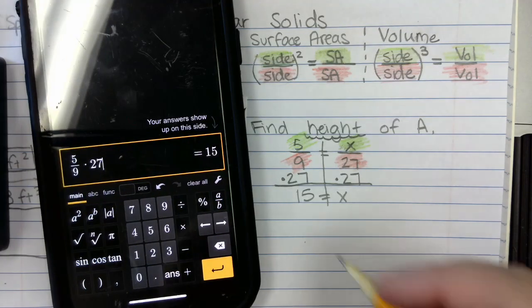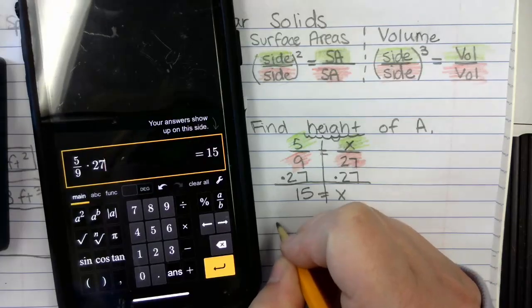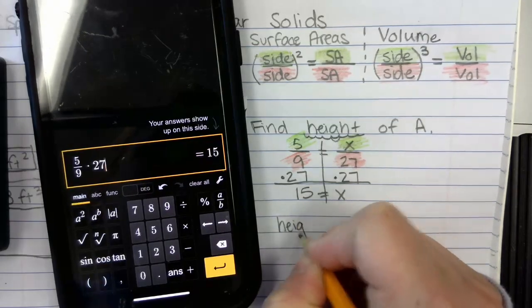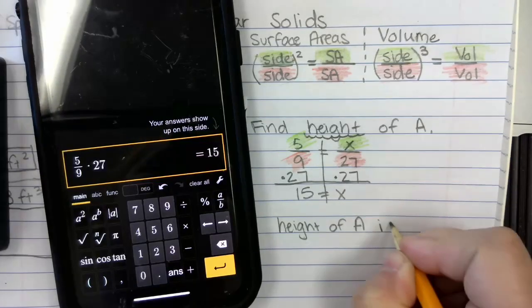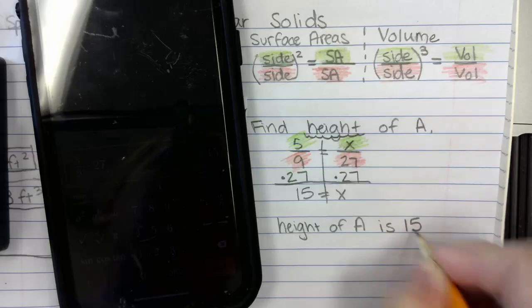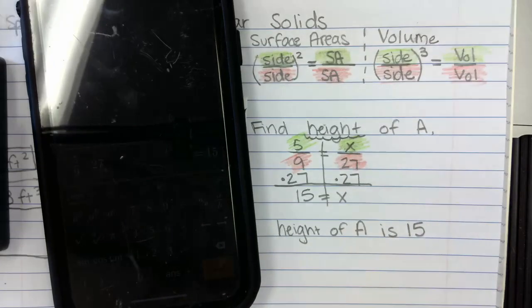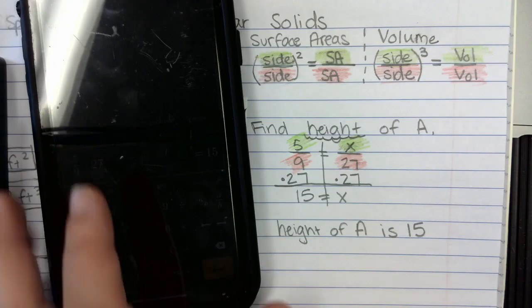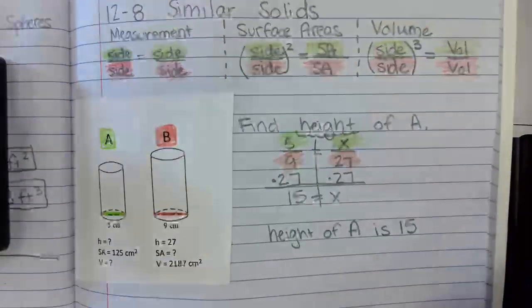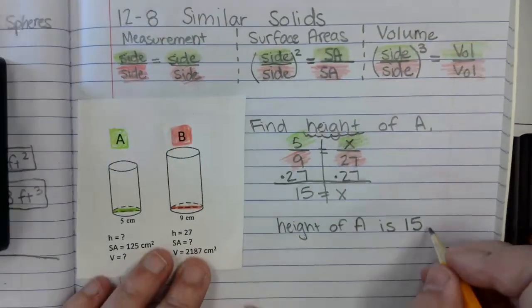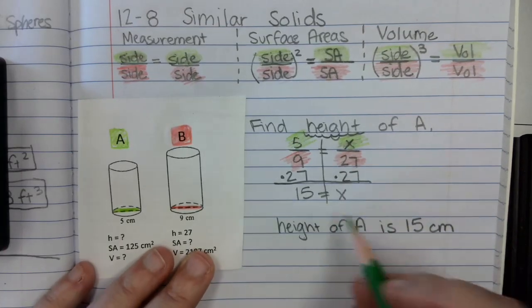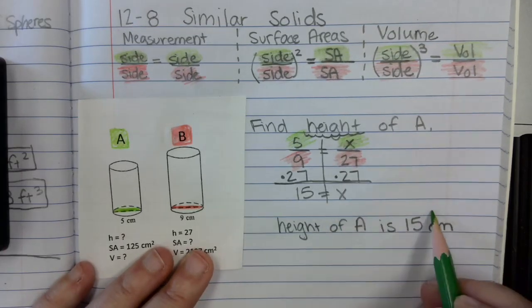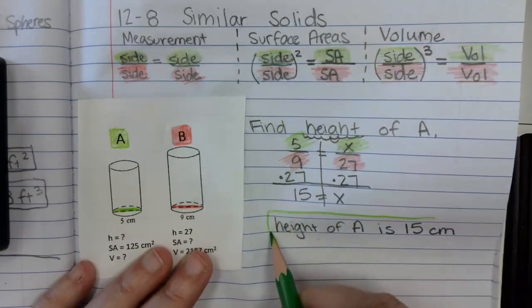So if I'm looking at height, the height of cylinder A is 15. Do I want to label it centimeters, square centimeters, or cubic centimeters for height, how tall something is? Yep, just centimeters. Somebody whispered it, I swear. Okay, and that's our height of A, 15 centimeters.